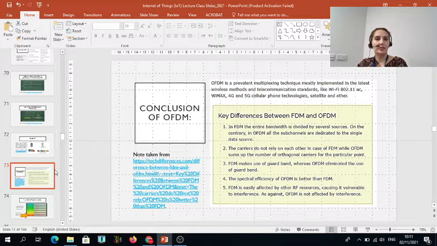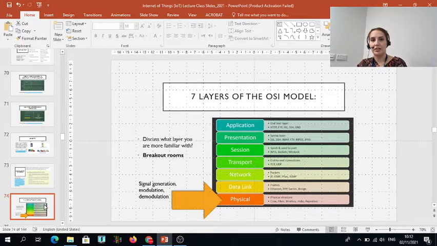Then we looked at this conclusion page, and we looked at the benefits and some of the characteristics that are involved for the Wi-Fi signal. I also explained that when we are looking at each protocol, particularly in this case Wi-Fi, we should understand that I'm emphasizing the physical layer, but there are other aspects from each layer that play roles for Wi-Fi technology to work.